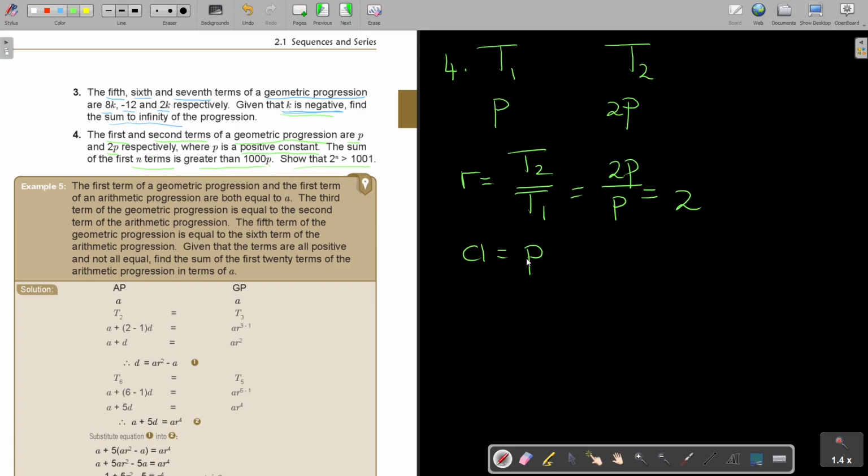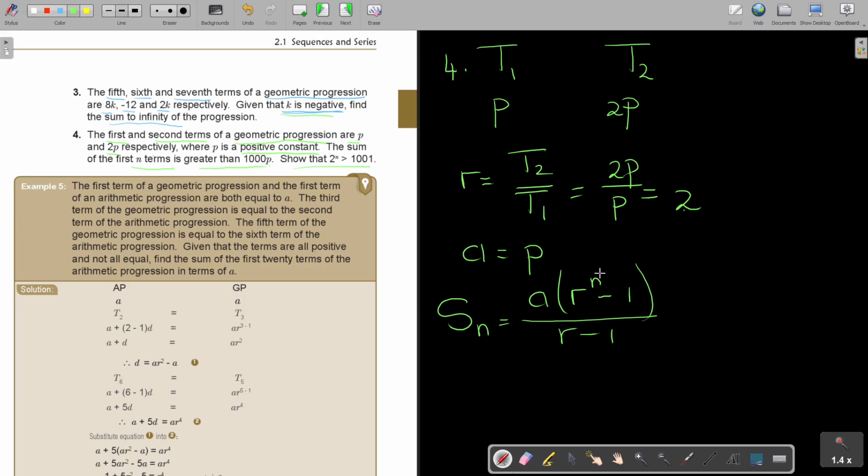Now if r is bigger than 1, I use the formula Sn equals a times r to the power of n minus 1 over r minus 1. If r is smaller than 1, I put the 1 in front, so I put the biggest one in front, either r or 1.